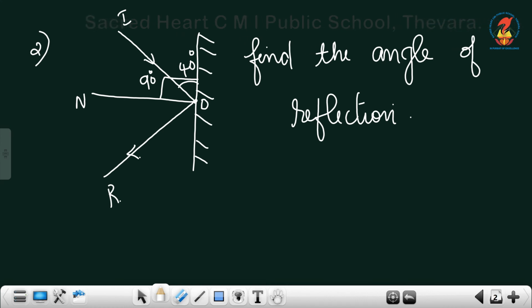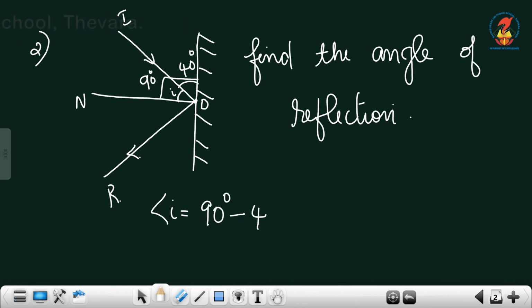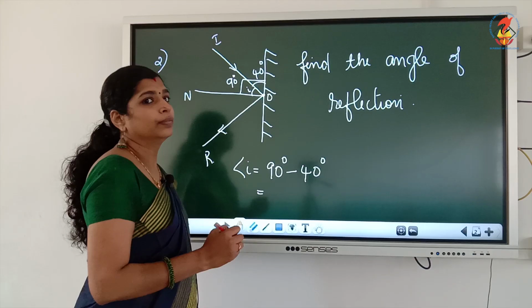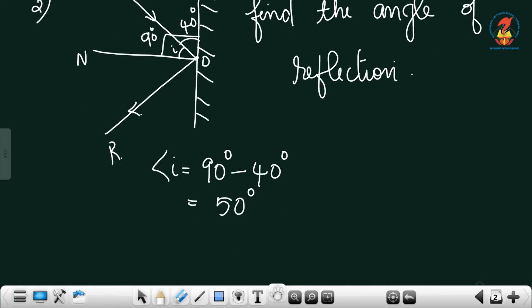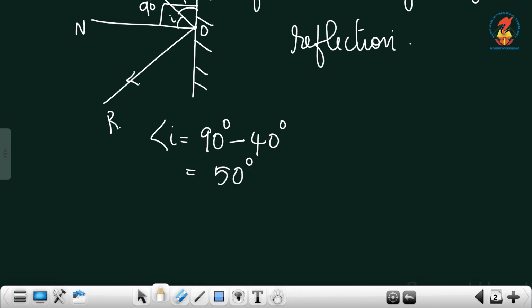So, angle I equals 90 degree minus 40 degree. What is the answer? It's 50 degree. As per the laws of reflection, angle I equals angle R. So, angle R equals 50 degree.